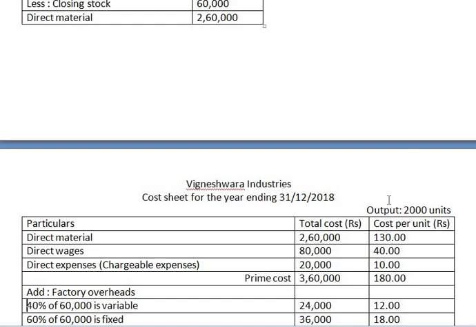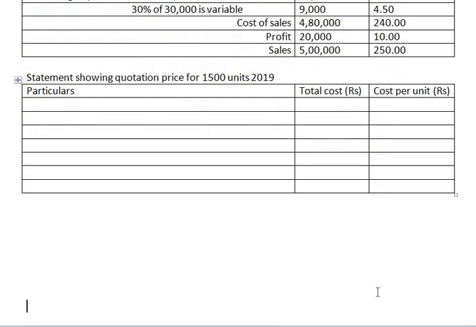Now cost per unit we will take as it is as per 2018, that is 130. But here production is 1500. So here you can show direct material, in bracket you can show 1500 units into rupees 130.